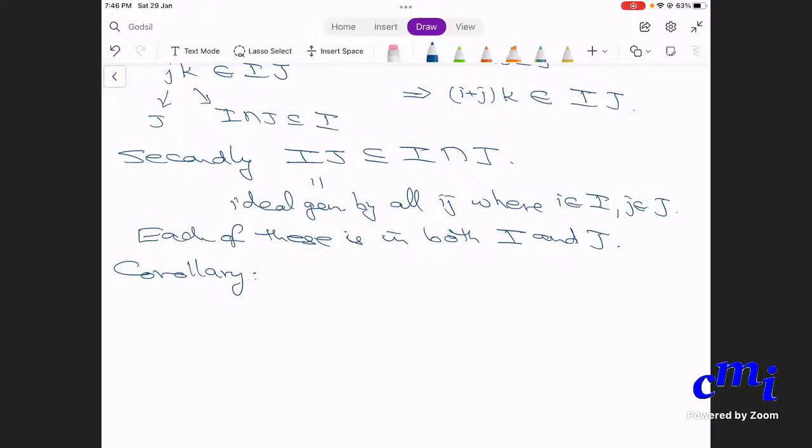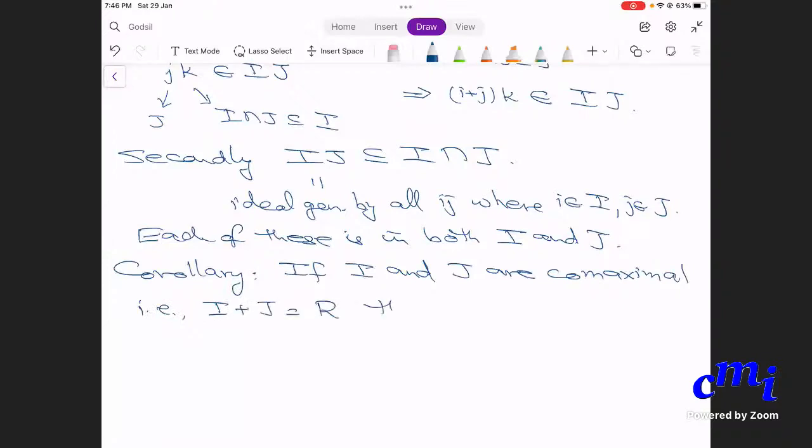The corollary is that if I and J are co-maximal, and recall that means I + J = R, then I ∩ J = IJ. Remember that IJ is usually a smaller ideal than I ∩ J, but sometimes they could be equal. And one condition under which they are equal is that I and J are co-maximal.